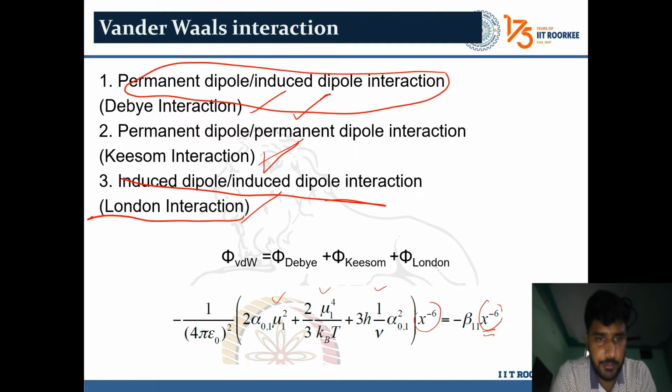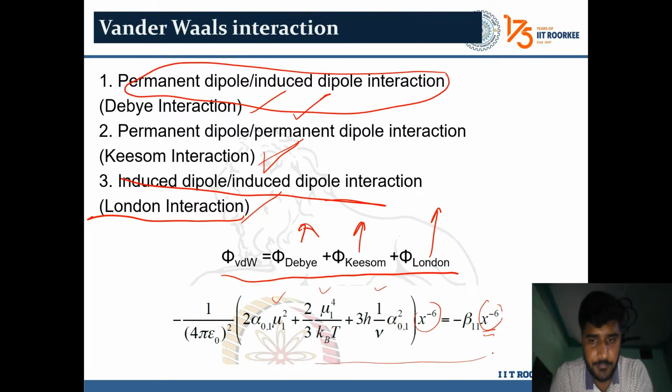So we can easily write the van der Waals interaction as the sum of these three terms: the Debye term, the Keesom term, and the London term. So this is the formula we got finally.